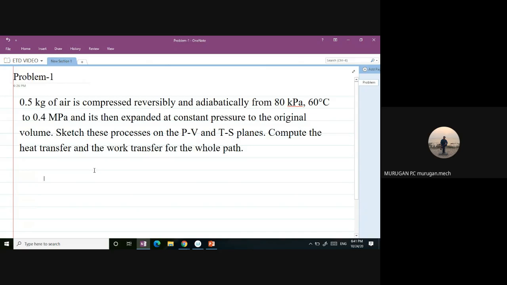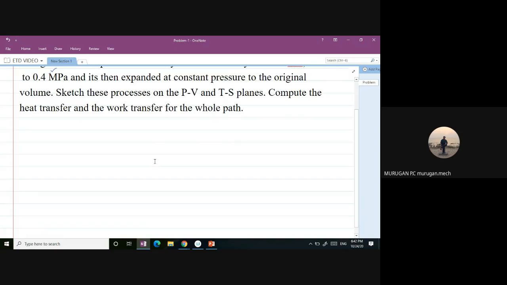That is, 0.5 kg of air is given, the initial pressure is given, the initial temperature is given, and the final pressure is given. From this data we have to find out the total heat transfer as well as the work done for this process. We also have to sketch the process on the PV and TS planes.